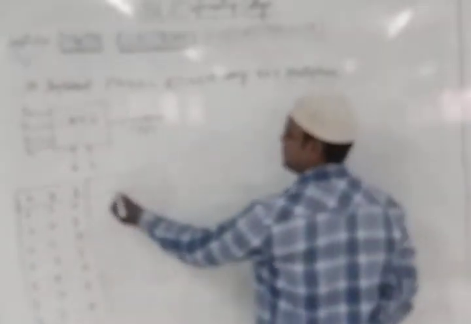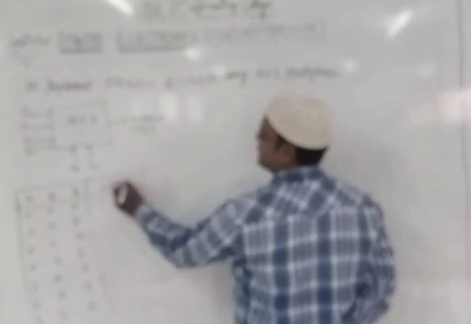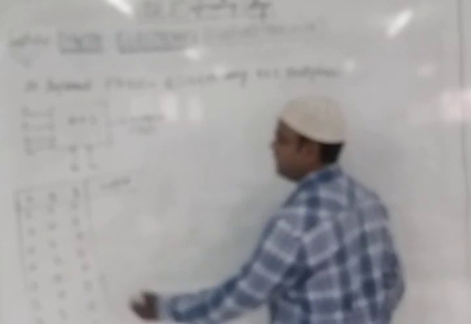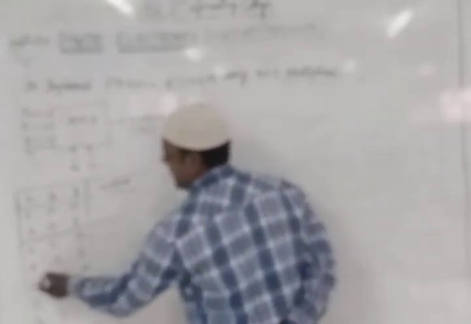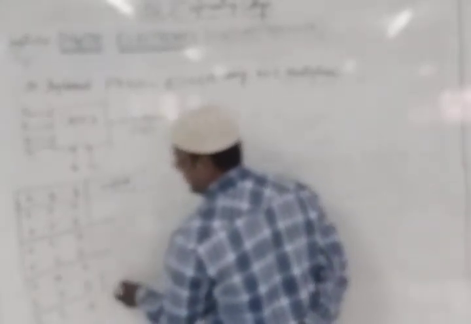Next, we need to write the output. For writing the output, we need to select the values. First two I'm just making like this, and next I'm segregating this way so that I can write by looking into z. So what is the given value? The output is nothing but minterm m1 plus m2 plus m6 plus m7.